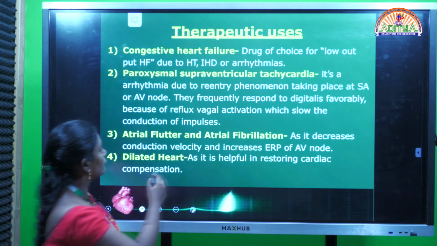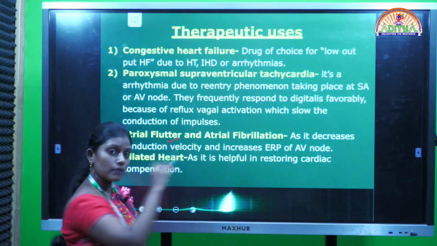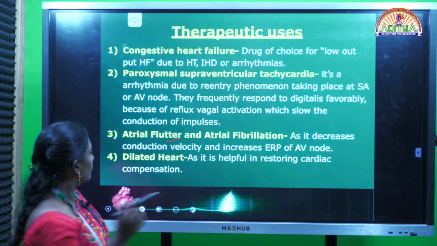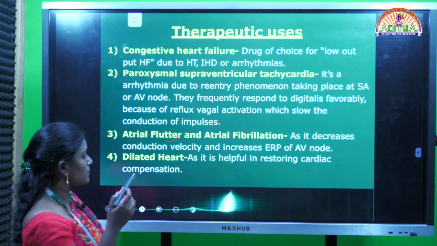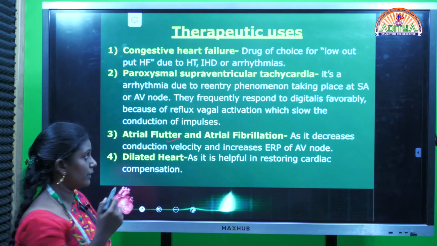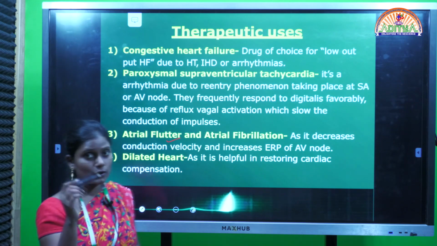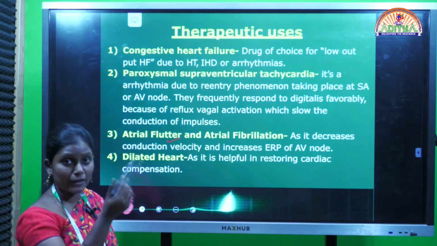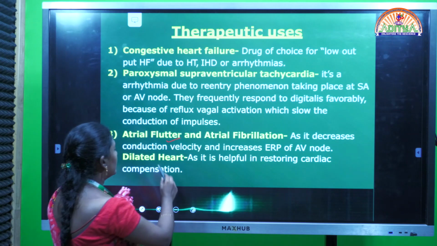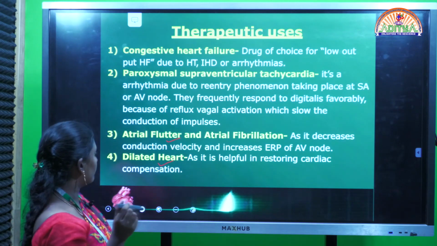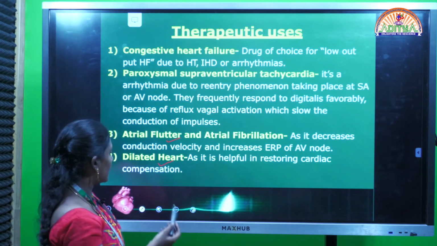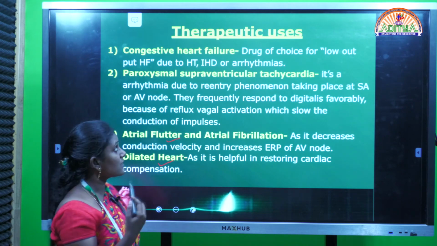Atrial flutter is also nothing but a quick heartbeat. Patients suffering with atrial flutter and atrial fibrillation can also be treated with the help of these inotropic drugs. Whereas dilated heart problem, a person suffering with a dilated heart can also be treated using these inotropic drugs.